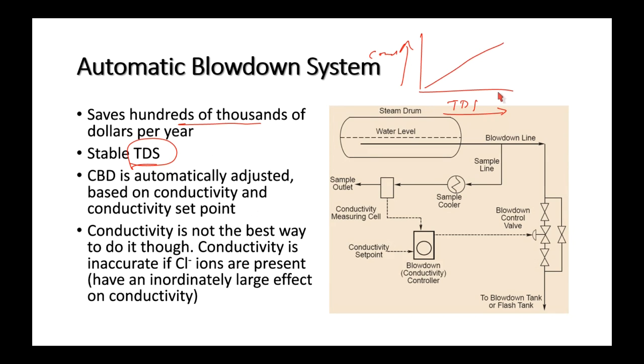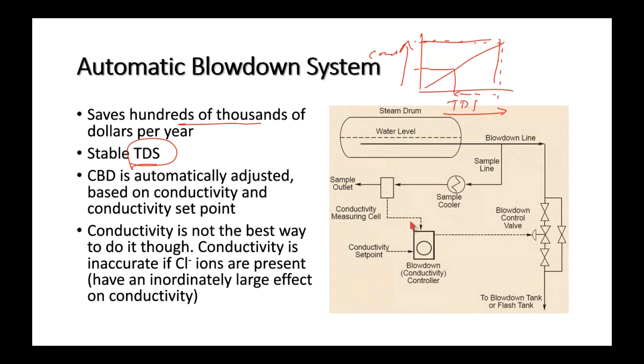So we get high TDS, we get a high water conductivity and go, oh, our TDS is too high. So we open up the CBD valve, and then our TDS falls down. Maybe it falls down to there, okay? And then when we test the water again, we find the conductivity is a little bit lower.